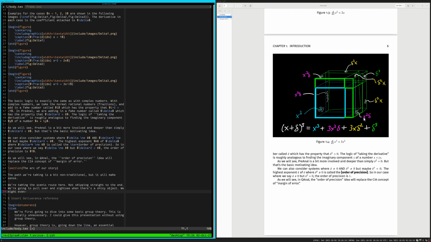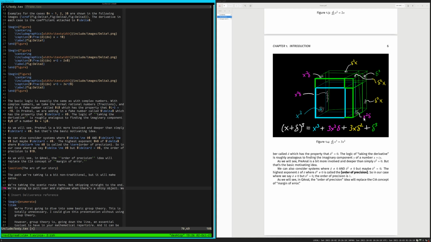We're going to pull over and sightsee when there's a shiny object. We're taking a guided tour.